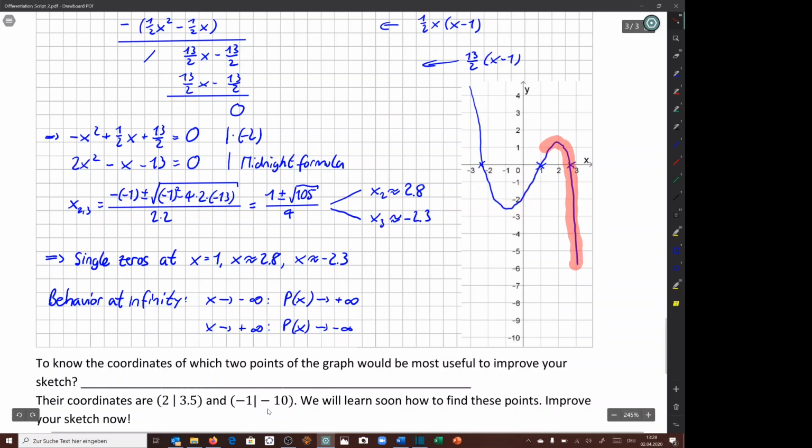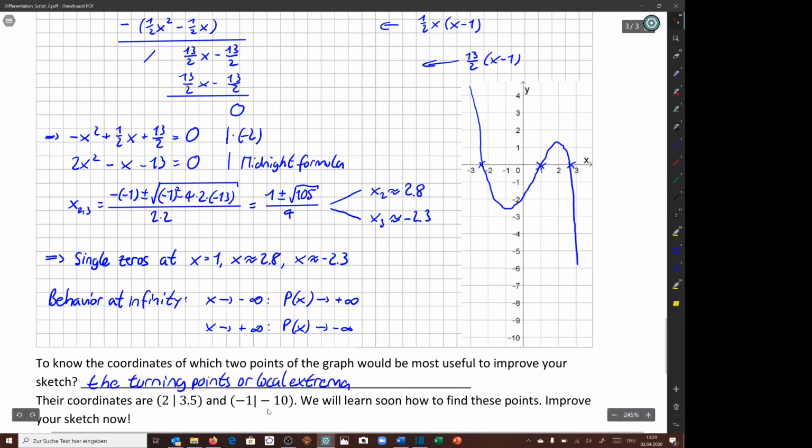We have sketched the graph of our polynomial just based on the behavior at infinity and on the zeros. What 2 points would be most helpful to know to improve this sketch? Think about it for a moment. Stop the film. Well, I think it should become clear that the most important points would be these 2 turning points, or we call these also the local minimum and the local maximum, so the local extrema.